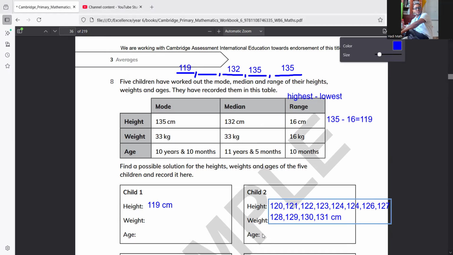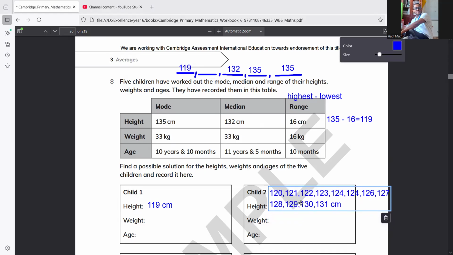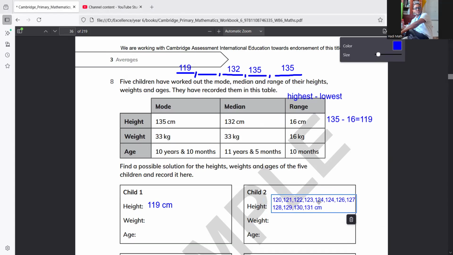Any one of these answers is applicable for this child. It doesn't make a difference, but at the end, I want you to choose one.